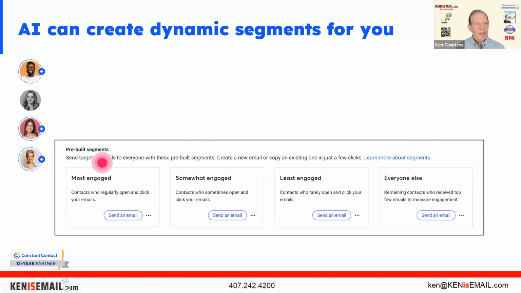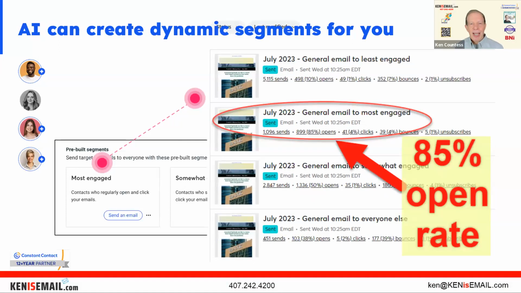Now, here's something else to check out. Look at this most engaged slide. This is something I sent to people not very long ago for one of my clients. This client is actually a law firm based in Pennsylvania.